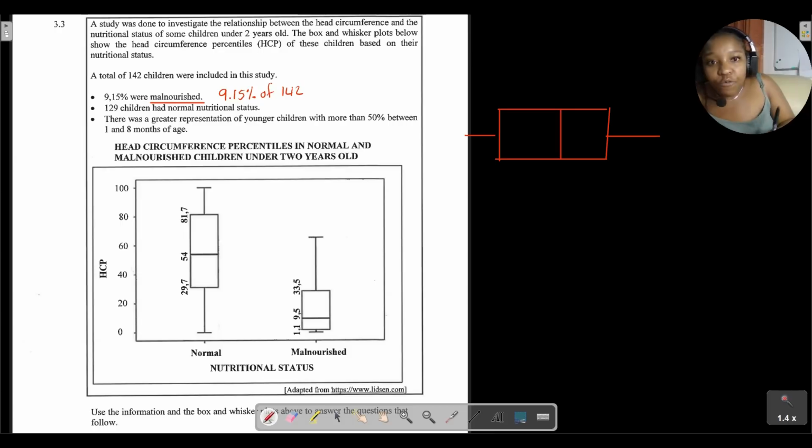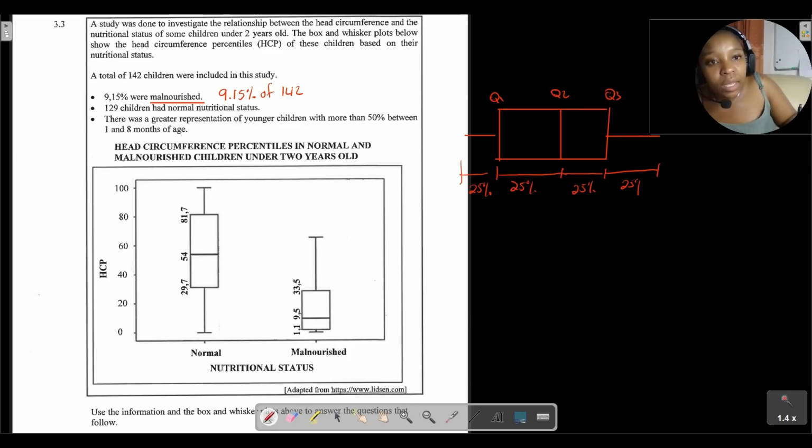From the minimum value to Q1, 25% of our data is represented. From Q1 to Q2, 25% of our data is represented. From Q2 to Q3, 25%. From Q3 to the maximum, 25%. This is Q1, this is Q2, this is Q3, this is the max, and this is the min.